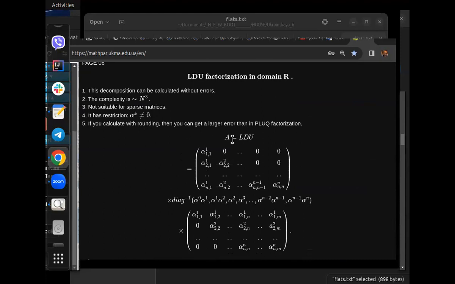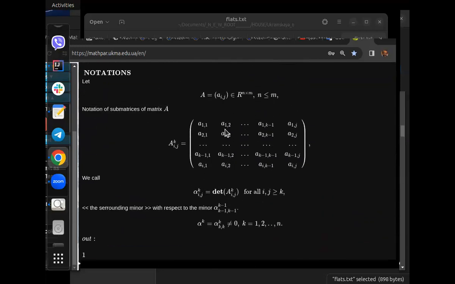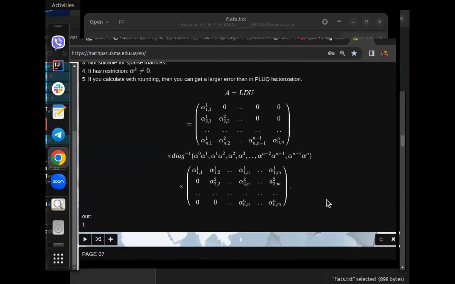The matrix A will be equal to the product of three matrices LDU, where L is lower triangular, U is upper triangular, and D is the diagonal matrix. What you can see here is that each element is not some abstract element. Each element is indeed a minor. This is the same minor that we have here. It was the notation, and the element a chi j, you can see in each place the same minors.